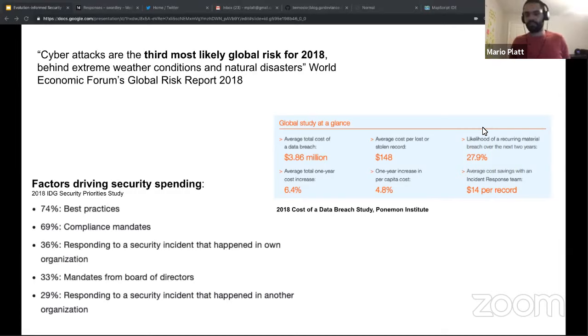It typically ranges from around $75 for government across the world, and it can go up to almost $400 in the health industry. So it's quite diverse in terms of how much breaches are costing organizations. And the overall cost of dealing with it is around 3.86 million, which is a lot of money.